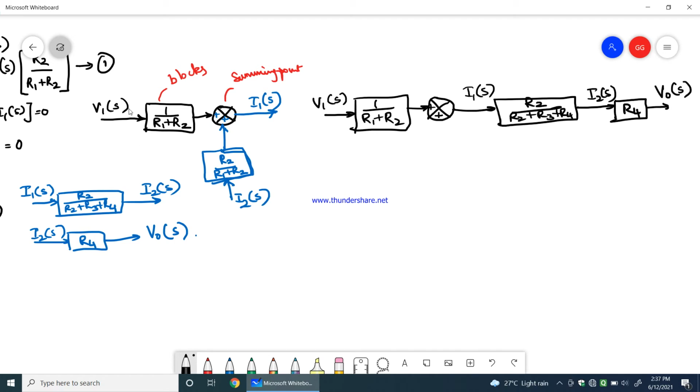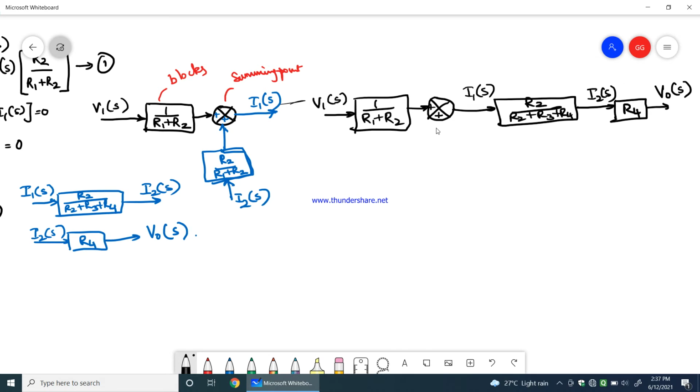One more block is left. So V1 of S plus this will be I1 of S, but I1 of S multiplied by this will be I2 of S. I2 of S multiplied by this will be equal to V out of S. That is the complete block I have written here.